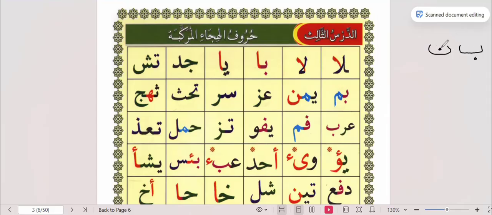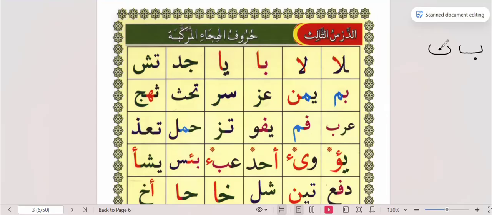The difference between these two is that ba will have a dot at the bottom and noon will have a dot at the top. If you know the difference between these two letters, then it becomes very easy for the beginners who want to learn the Qaida Nuraniya.